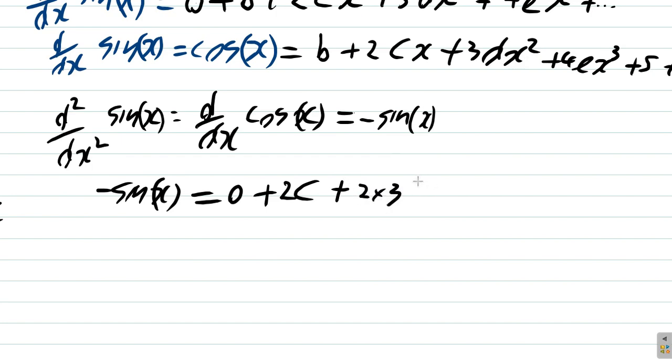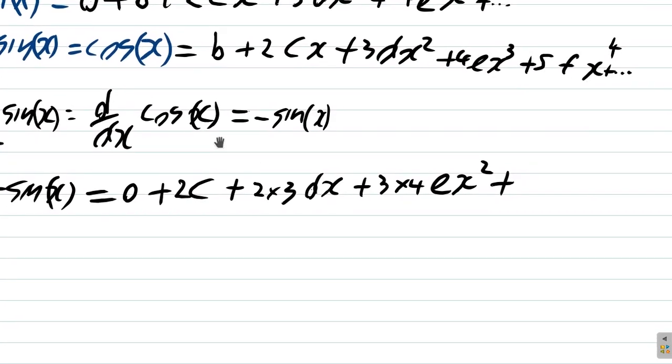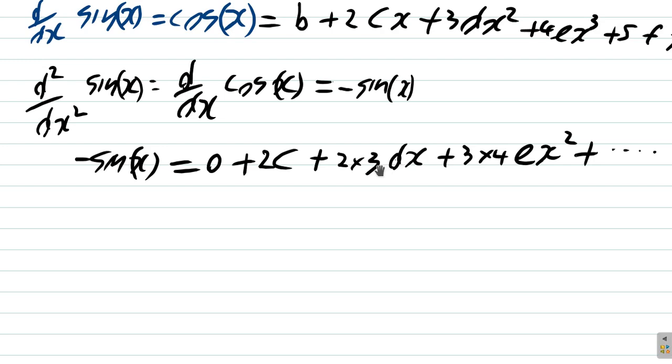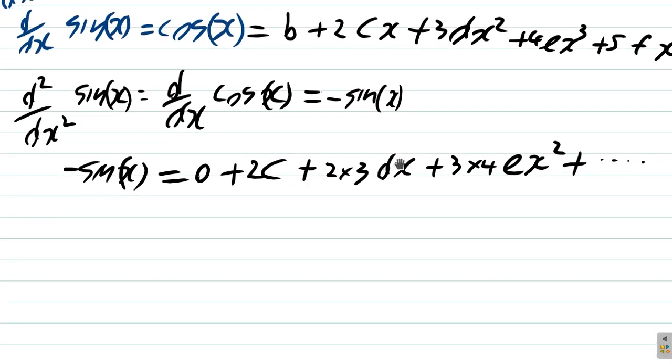We won't multiply the numbers. Remember there's a power rule. Plus, when you differentiate 4ex cubed, you get 3 times 4 e x squared. Plus, well, we didn't have this before. I just put this in, so we probably won't work up to that stage.